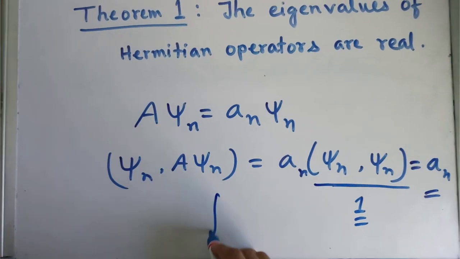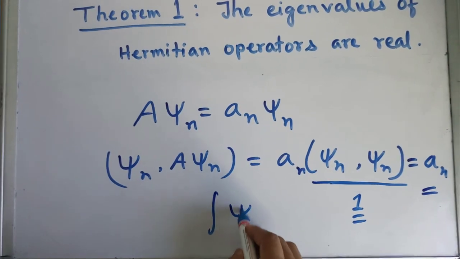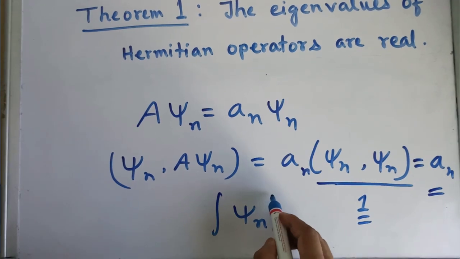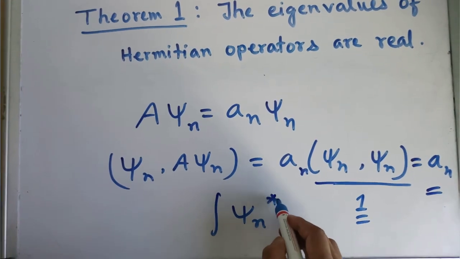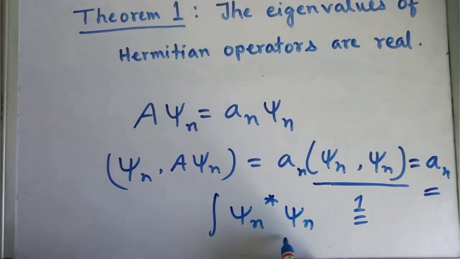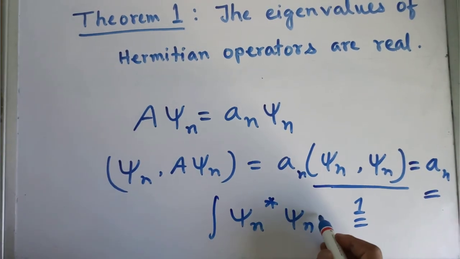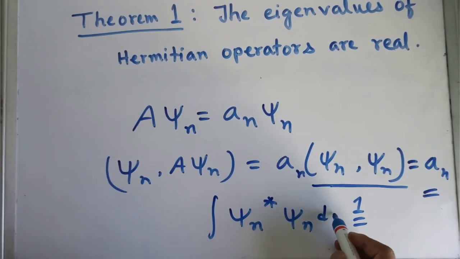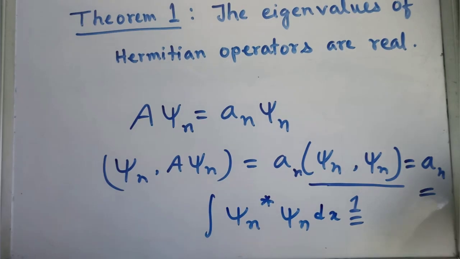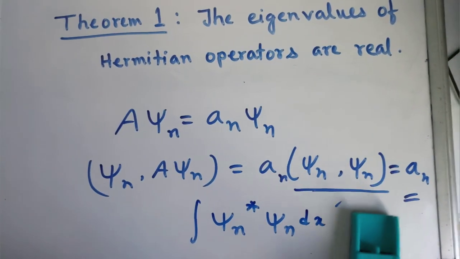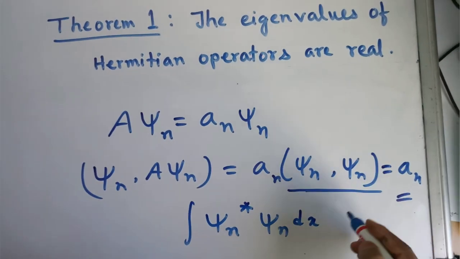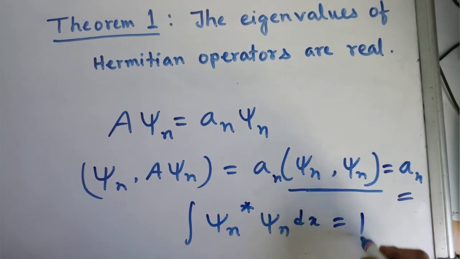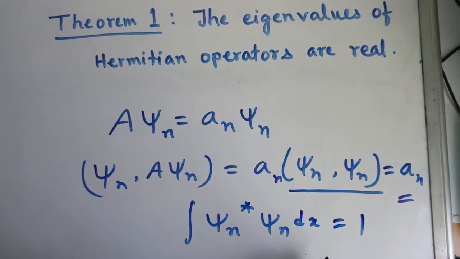As you know, this can be written as the integral of psi n star psi n dx, where the variable is x, and this is equal to 1.